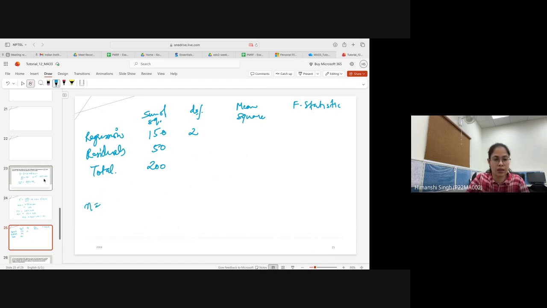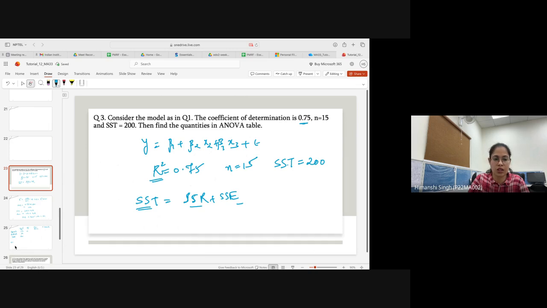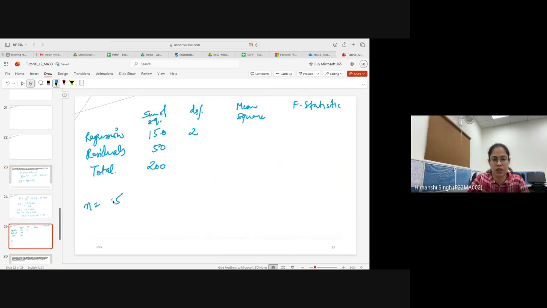N was given to be 15. K is 3, so n minus k is 12. For the total, the degrees of freedom is n minus 1, that is 15 minus 1, which is 14.